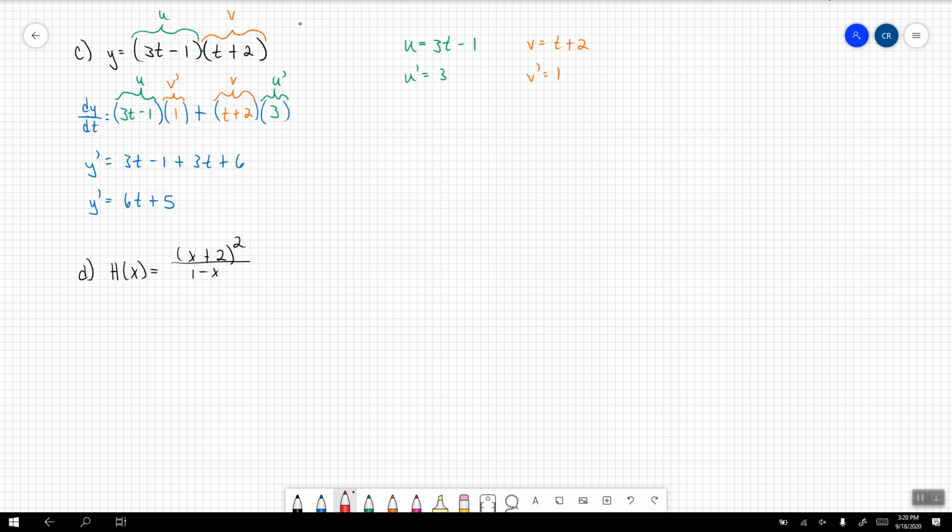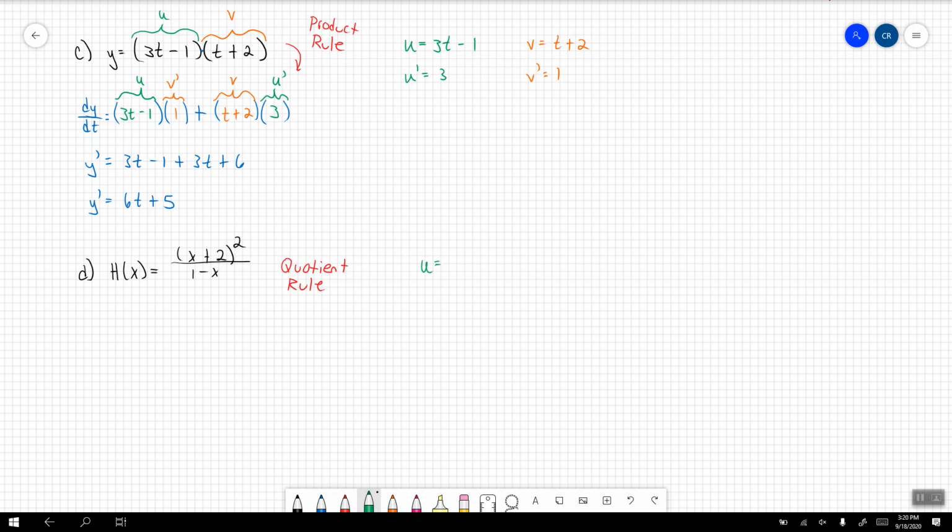So for my part C before, I said I was using the product rule. And in this particular case, I'm going to be using the quotient rule. The quotient rule says that if you can make a u and a v substitution, then do it.